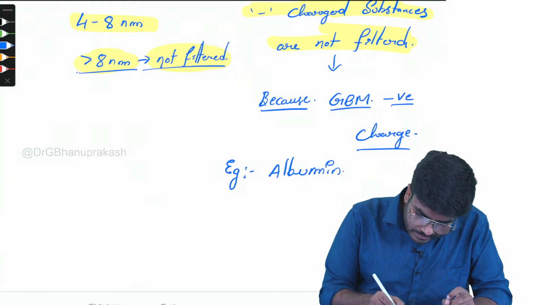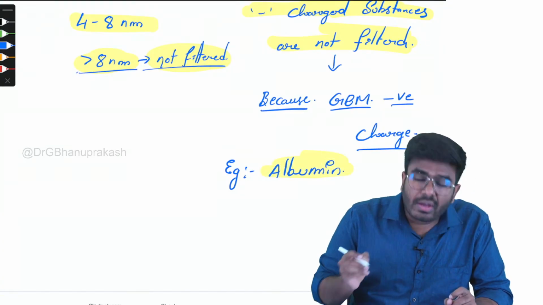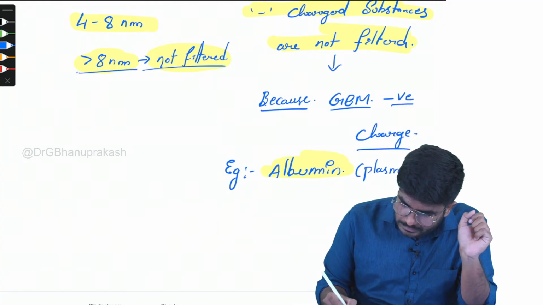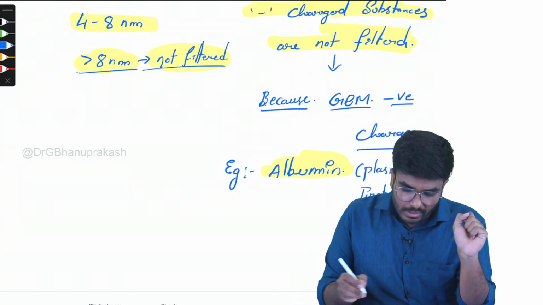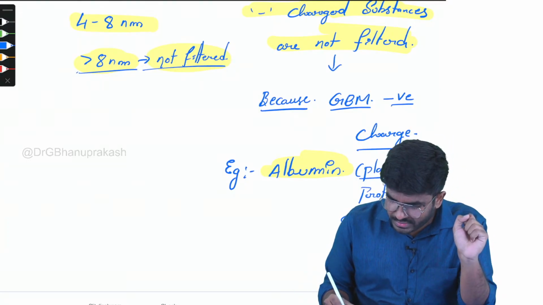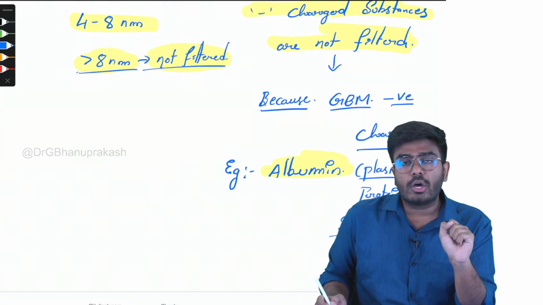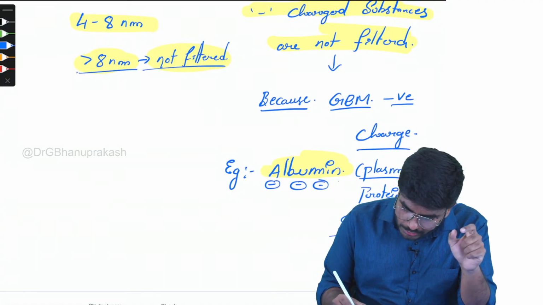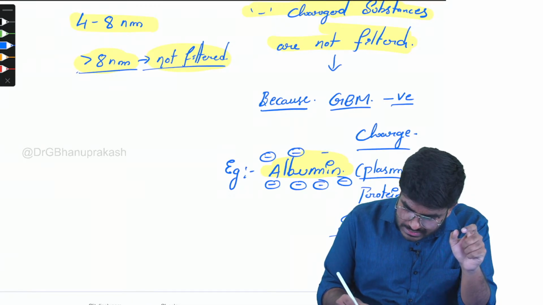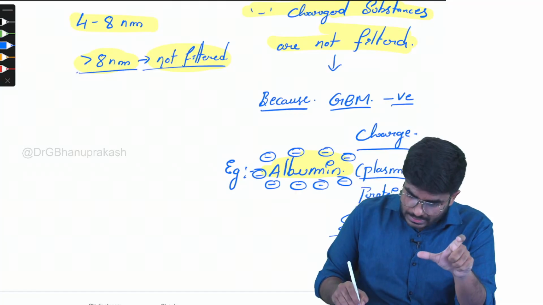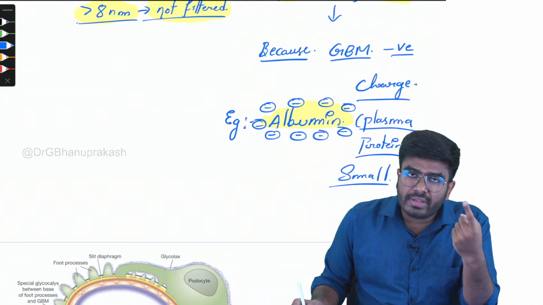Now, albumin is a very small substance. We all know albumin is a plasma protein. It's very small, then why is it not getting filtered? Though it is small, the albumin molecule has a negative charge, so it is repelled away.